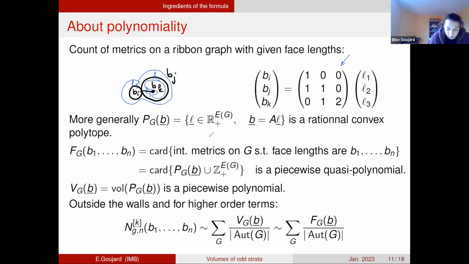The set of lengths that satisfy this equation is naturally a rational convex polytope. When you want to count metrics on such ribbon graphs, what you are looking at is the number of integer points in this polytope, the number of integer solutions of this equation.